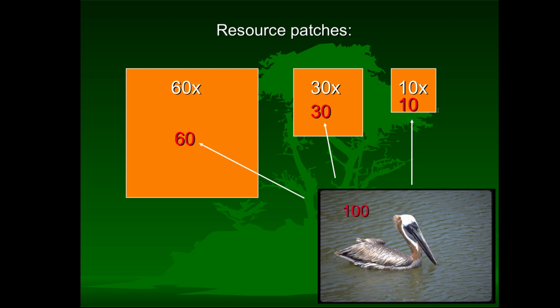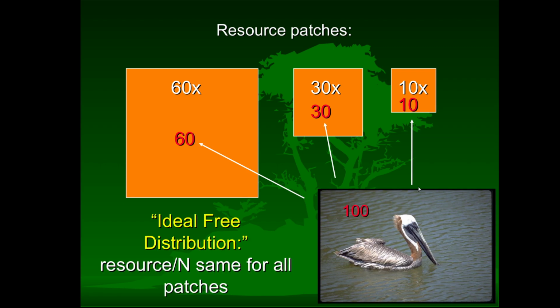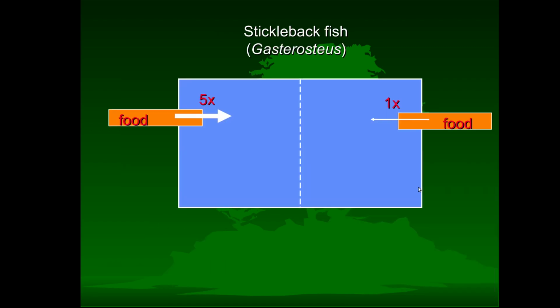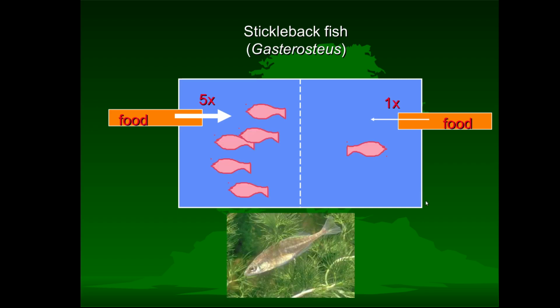So ideal free distributions have been demonstrated experimentally in many species. For example, in stickleback fish in tanks, if you add food to one end of the tank 5 times faster than you add to the other end, the fish distribute themselves in an exact 5-to-1 ratio, 5 in one half, 1 in the other.